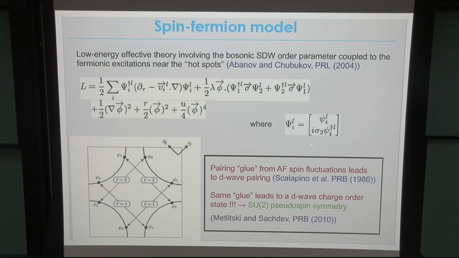This model contains a d-wave pairing phase, and the pairing glue is given by the antiferromagnetic spin fluctuations in the system. But actually, the same glue leads to a d-wave charge order phase. And this is related to this so-called emergent SU(2) pseudospin symmetry. This is an intrinsic symmetry in the model, and it was first pointed out by Max Metlitski and Subir Sachdev in 2010.